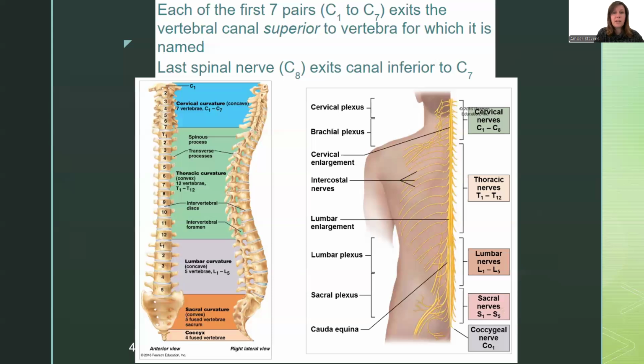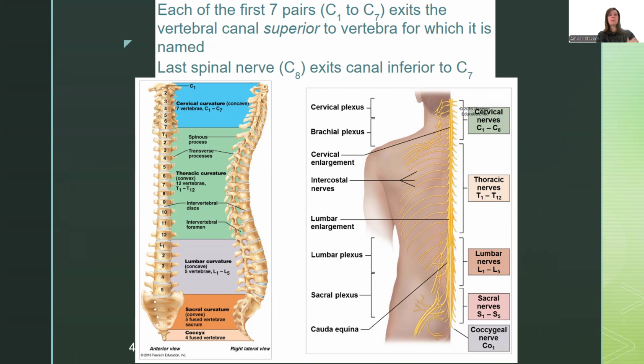When we look here, we can see that the very first one is the cervical plexus. That would be C1 through C4. It supplies the neck, shoulders, and diaphragm via the phrenic nerve. You have your brachial plexus, which is C5 to T1.